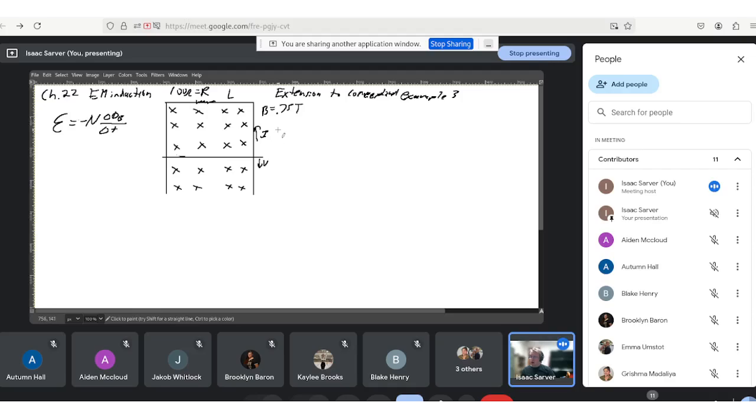So mass of the rod, that's falling down. We'll make that 0.1 kilos. I think that's all I need. And what I want to know is the velocity of my rod as it falls down.